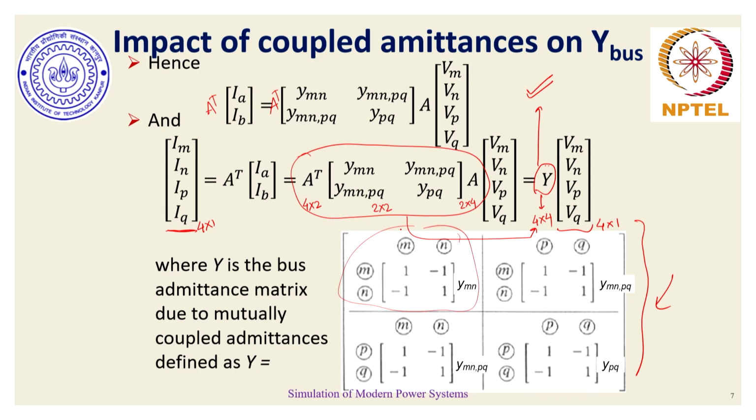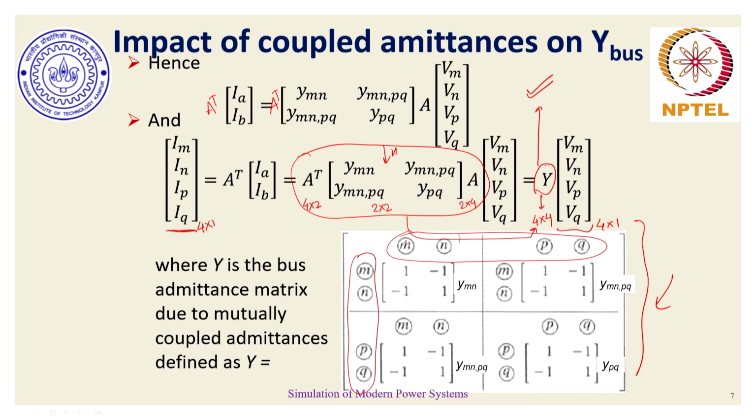It will become very obvious if you solve this 4 cross 2, 2 cross 2 and 2 cross 4 multiplication. There is an importance behind marking these row labels and column labels. Why is the first label marked as M comma M?